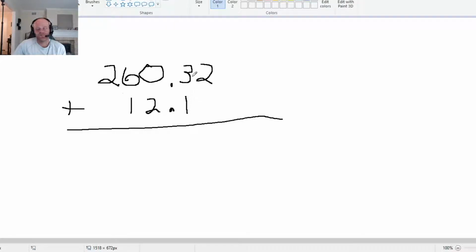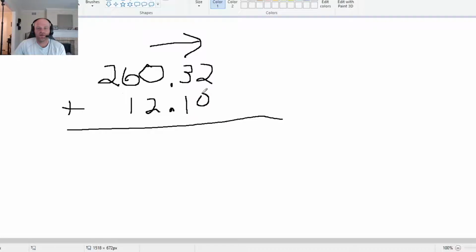So in addition and subtraction, that means whichever one has the least amount of precision. Precision is how far to the right it goes, so you want to find the one that stops furthest to the left. In this case, it would be the 12.1.